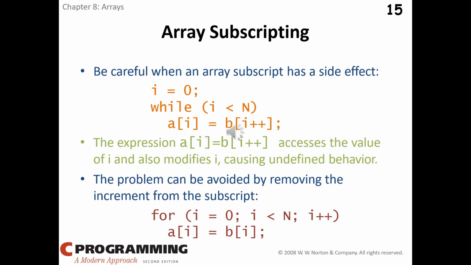Here we're not only setting values in array a based on values in array b, we're also increasing the value of i with each iteration. So this code has the same problem as the one in our previous slide. And the solution is simple. We just have to remove the increment from the subscript and put it somewhere else. By avoiding side effects in our array subscripting, we keep our code clear, predictable, and safe.